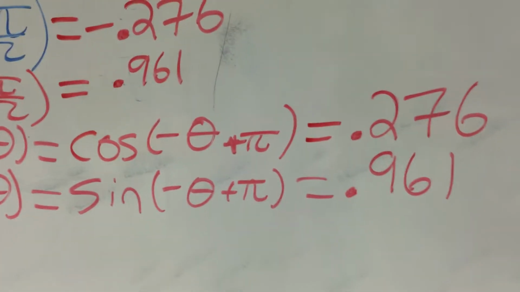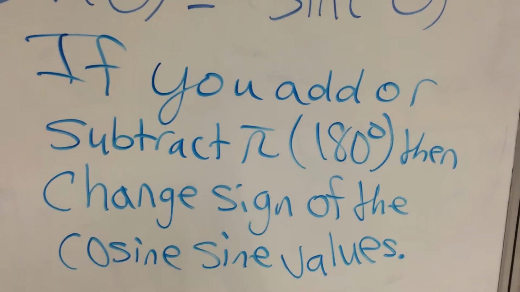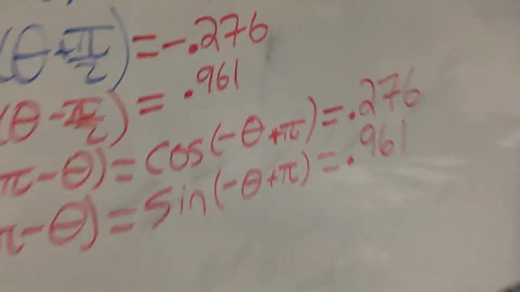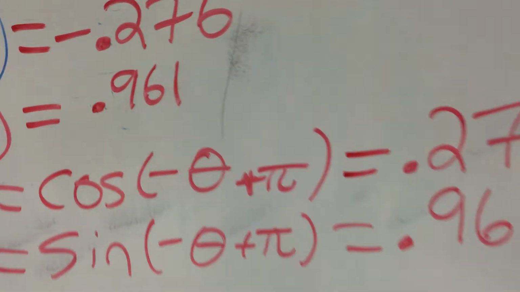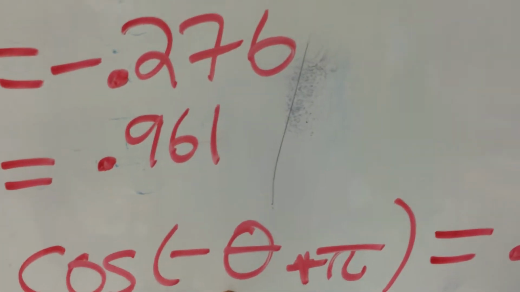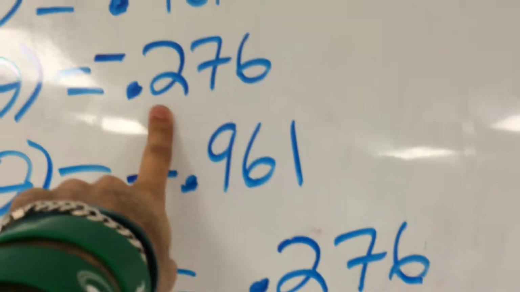So now, this rule is nicely applicable because the rule says if you add or subtract pi, then we change the sign. Now we are adding pi. So I'm going to say cosine of negative theta plus pi. Cosine of negative theta is negative 0.276.